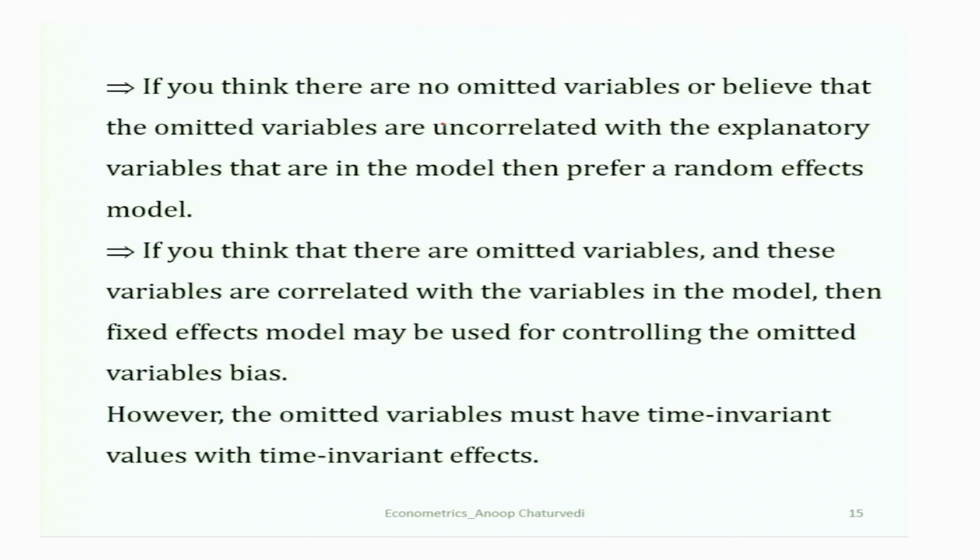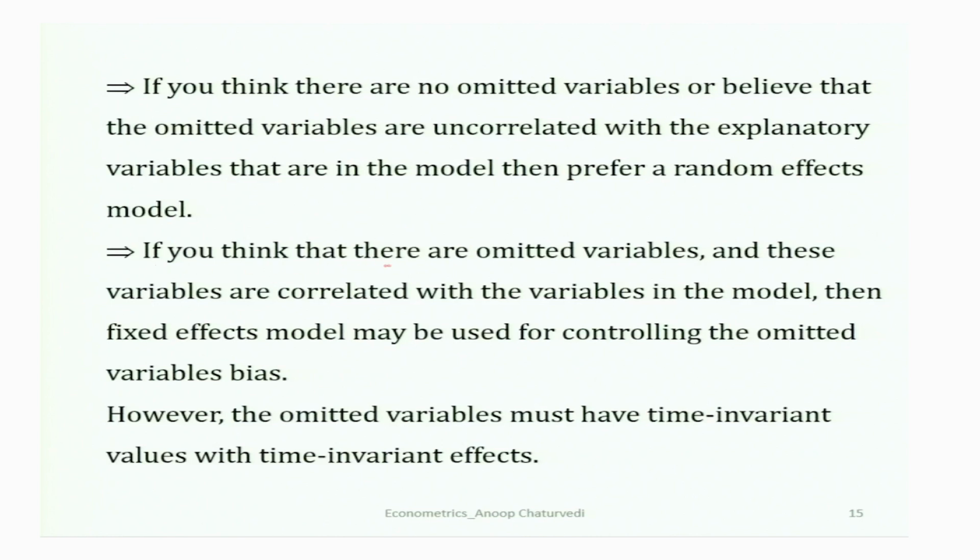So, if there are no omitted variables, or even if there are some omitted variables, you believe that those variables are uncorrelated with the explanatory variables, then even if you have taken observations on all the possible cross section units and have not done any random selection, you prefer a random effects model.